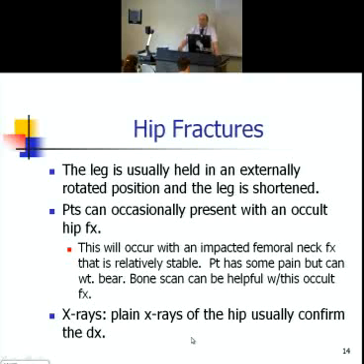So if you stand at the foot of the stretcher and you bring the 2 legs out so that the feet are both at the same position and the legs fully extended, you'll discover that the affected leg is a little bit shorter than the other leg. And that's, again, because when the bones slip out of position, it makes the leg get shorter.